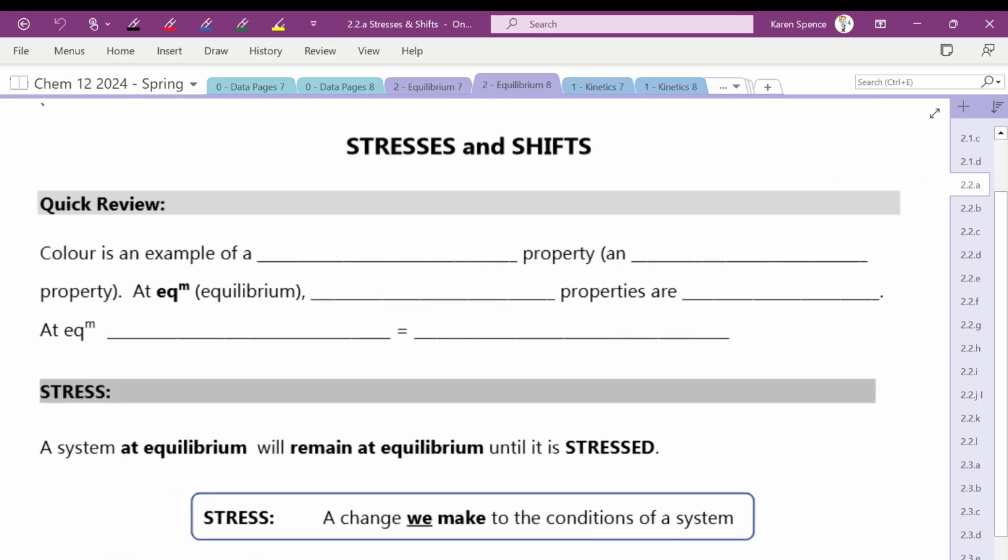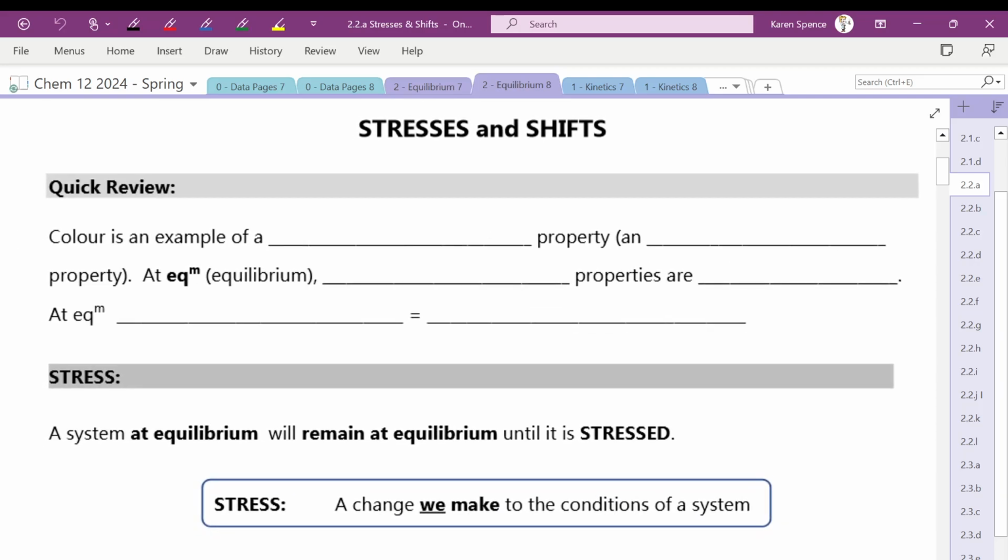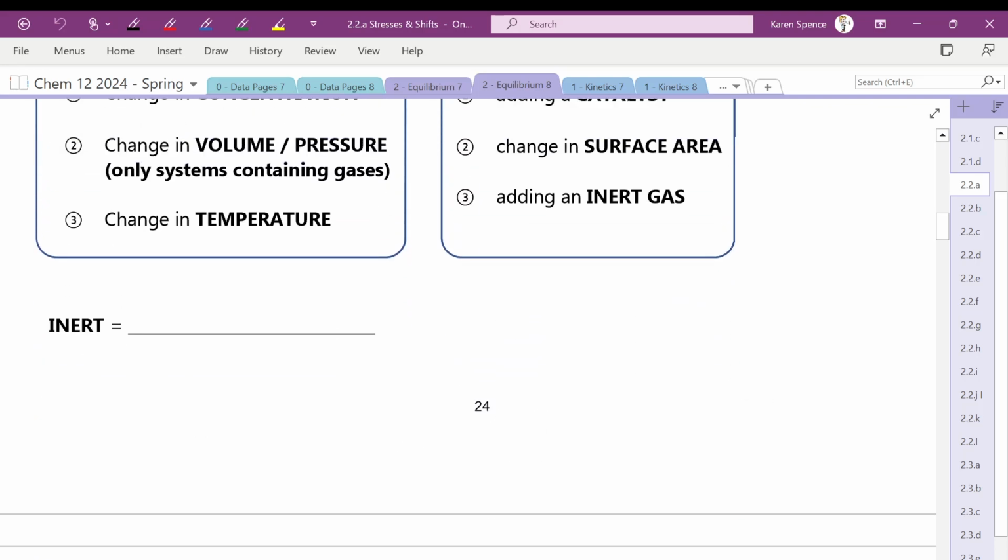We are going to go through stresses and shifts. I would like you to see if you can fill in the blanks in that very first little paragraph. This is on page 24.